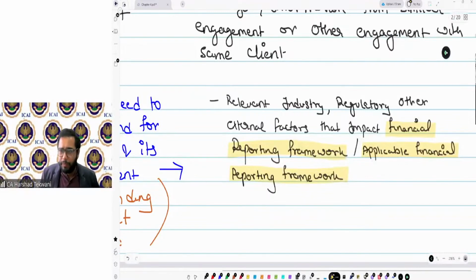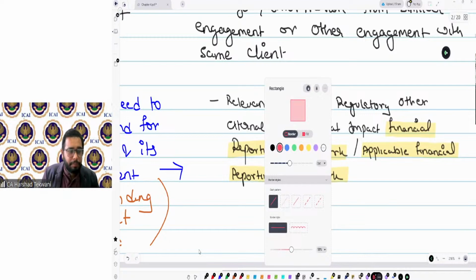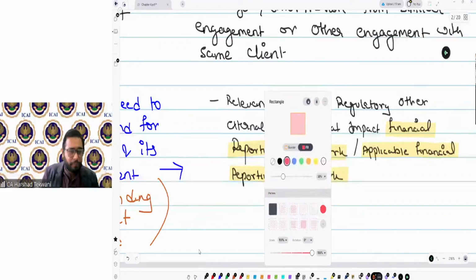Okay, but in the exam, a lot of students write it like applicability of Ind AS, AS, and they try to convert it in a generic way. So do not write in a generic way. Try to write for the specific keywords. Now, this is again a specific keyword that is required to be kept in this way.